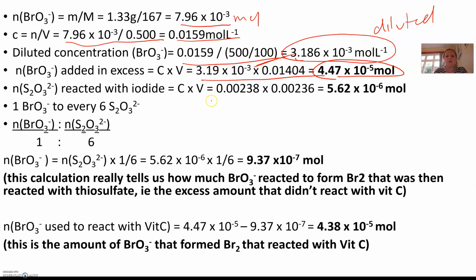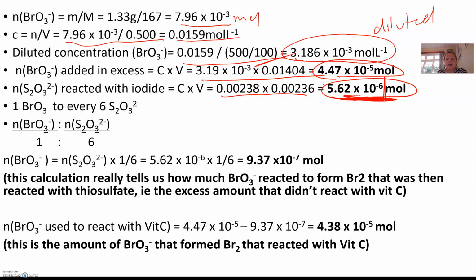So we can work out the number of moles of thiosulfate that reacted with the iodine, and that's that number of moles. Now we know there's 1 bromate to every 6 thiosulfates, which we just did before. And so from this thiosulfate value, we can work out the number of moles of bromate that had reacted in excess, or how much bromate had been left over after reacting with Vit C. And so we're trying to find the number of moles of bromate, so we times it by 1/6.